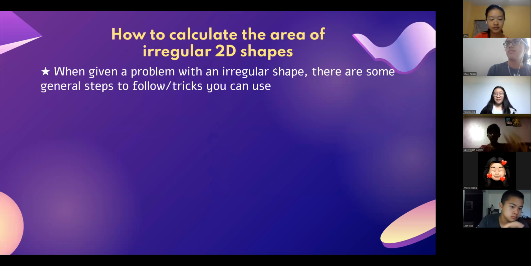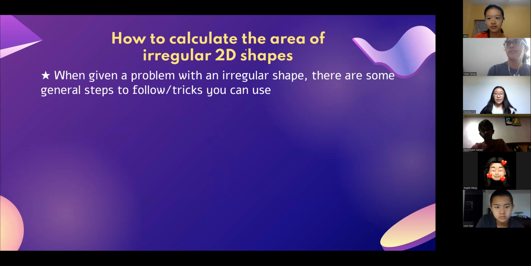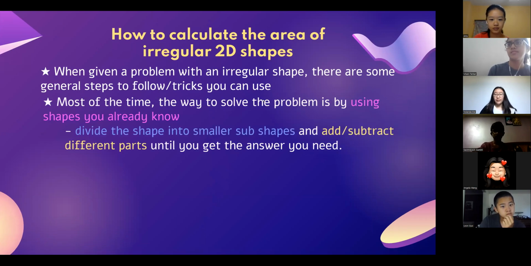Okay, so how do we find the area of said irregular 2D shapes? There are some general steps to follow. You already know how to find the area of regular shapes, like a square or a triangle.